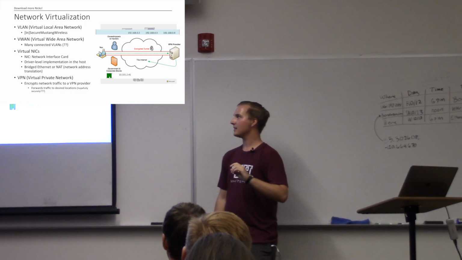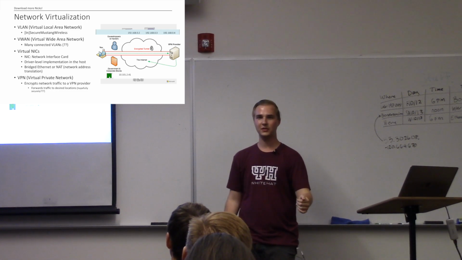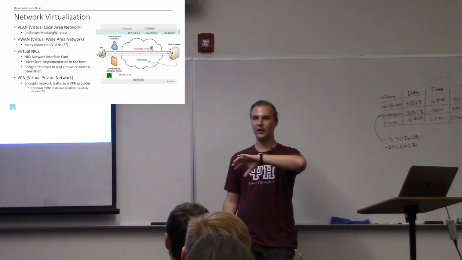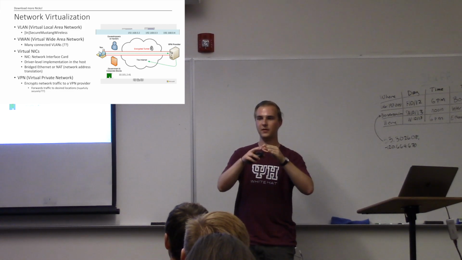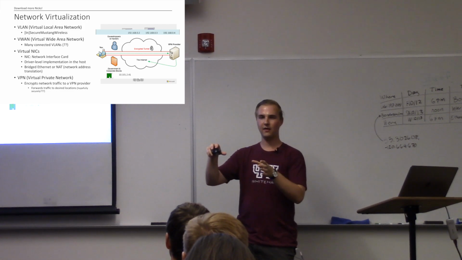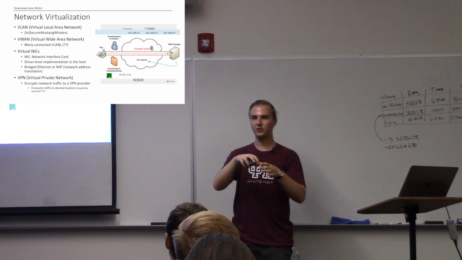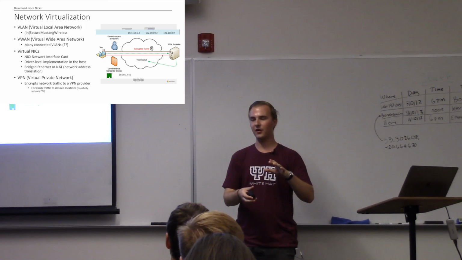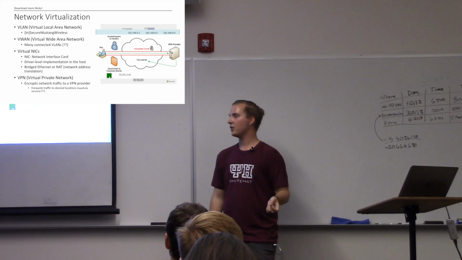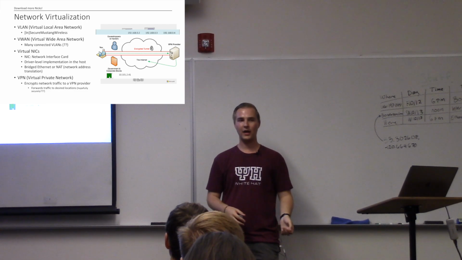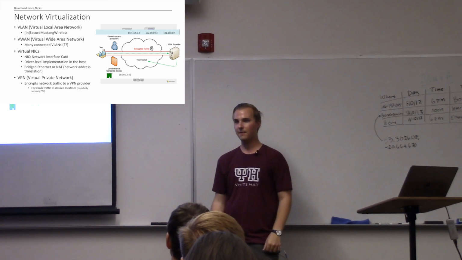So if you're trying to access, say, Google in a virtual machine, it'll go from the VM to the vNIC, and the vNIC will be like, okay, this VM, which has this unique identifier, is trying to connect to Google. So I'm now going to route that to your physical card and have that pass it off to Google. The mode that does that is called network address translation, otherwise known as NAT.